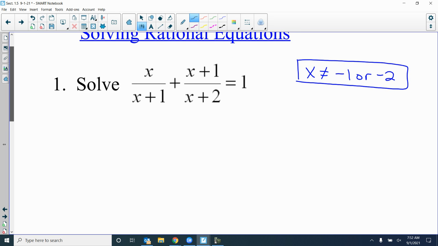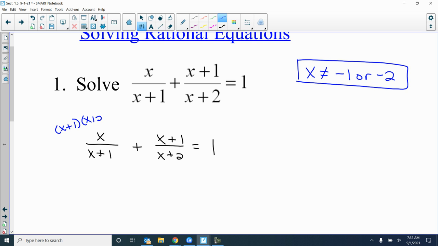So I'm just going to rewrite this down here, give myself a little bit more room. x over x plus 1 plus x plus 1 over x plus 2 equals 1. Now I'm going to multiply each piece by x plus 1 times x plus 2, including that 1.